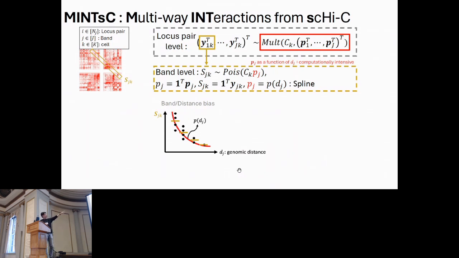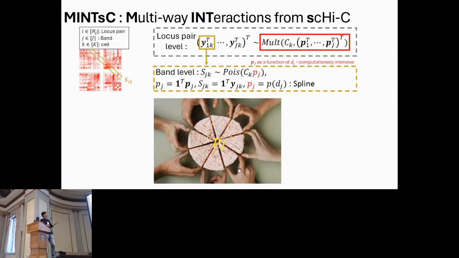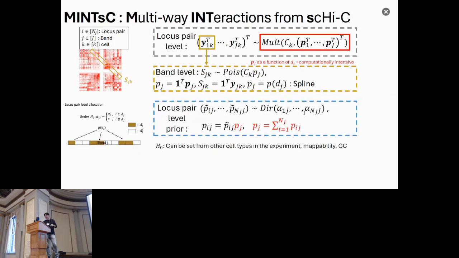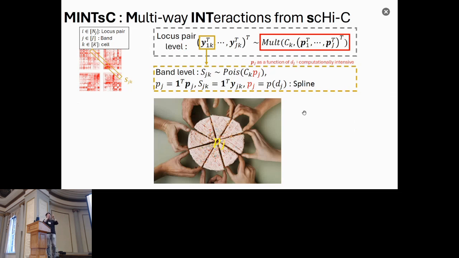Then if you obtain that p_j, you have some parameter estimated for each band. But what we really need is not the band-level probability, but we need to do something about the locus pair, the original level that we are considering. Then if we have this p_j estimated, we need to somehow distribute each p_j into locus pairs.